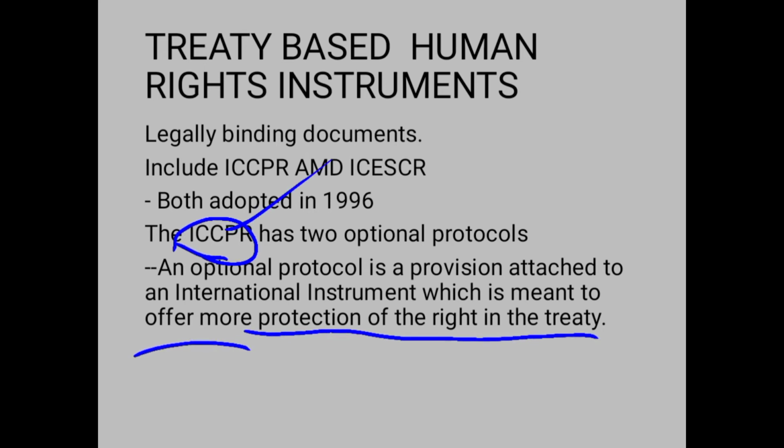The optional protocols are known as optional because it's not mandatory that you should accept them as a country. They are optional. Only those countries which have signed them, which have accepted or ratified, are the ones which follow the optional protocols.